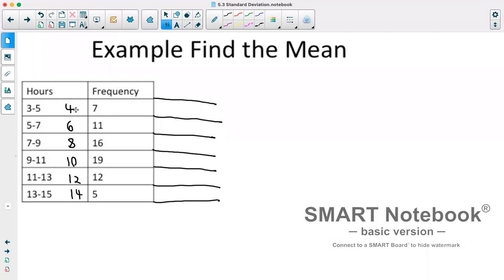So here we're just going to multiply this by our frequency. So we have 4 times 7 is 28. Then here we have 6 times 11 is 66.